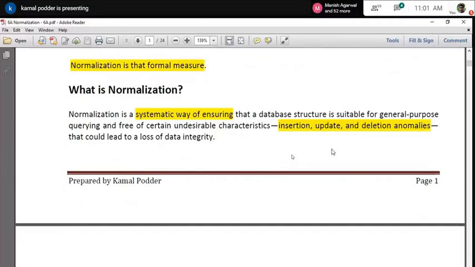Those are the undesirable characteristics, that means insert, update, and deletion anomaly that could lead to a loss of data integrity. That is the formal definition. That means it is a systematic procedure to ensure that the data structure is suitably designed so that it can avoid all these anomalies.